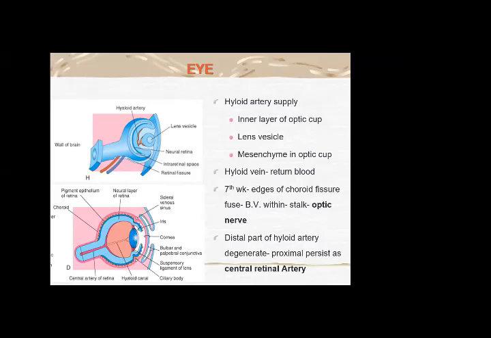Why has God made this hyaloid artery? This hyaloid artery supplies the inner layer of the optic cup. This is the hyaloid artery. It supplies the inner layer of the optic cup. It supplies this lens vesicle. And it also supplies the mesenchyme in the optic cup.